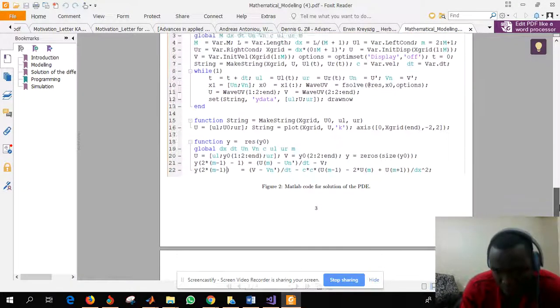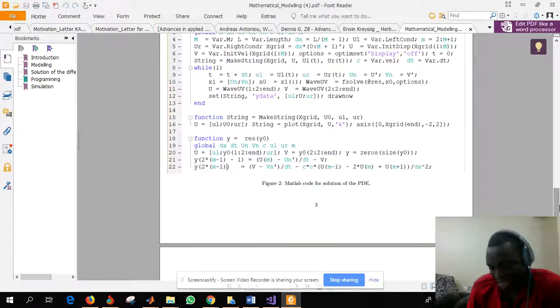Then the residual here, anytime I have the opportunity to use my method of vector indexing, I like to use it. So here I have used the vector indexing method. Since the boundary conditions are known, they come in, I attach them to the U, right?